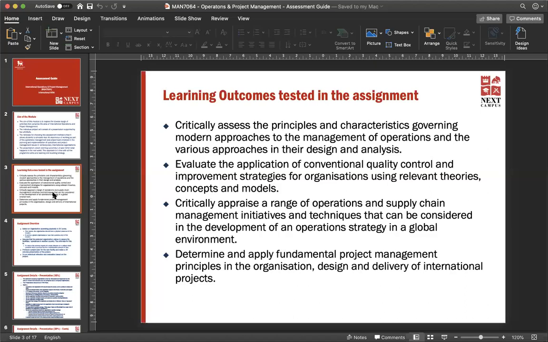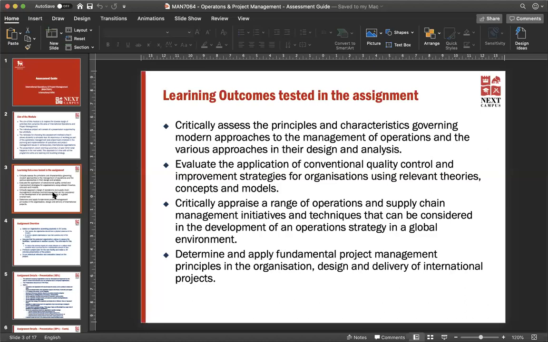What kind of processes are you going to use in your service operations or manufacturing operations? How many outlets are going to be there? Are you going to operate only in Sri Lanka, or are you going to operate globally? So these are some of the things that have to get into your operations strategy.